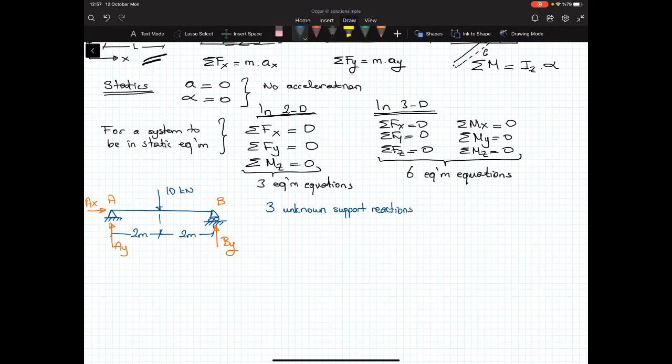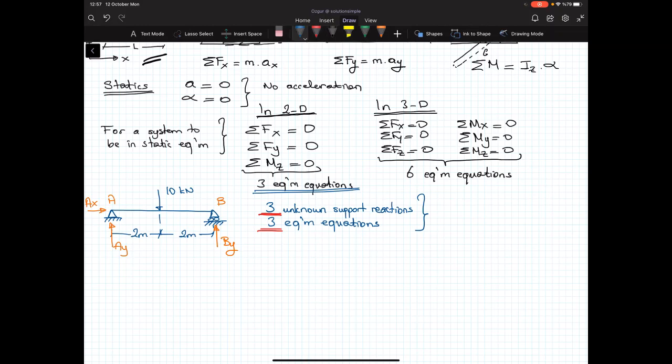Okay, and we are solving this structure in 2 dimensions, so I got 3 equilibrium equations. And what I learned here is I got 3 unknowns and 3 equilibrium equations.